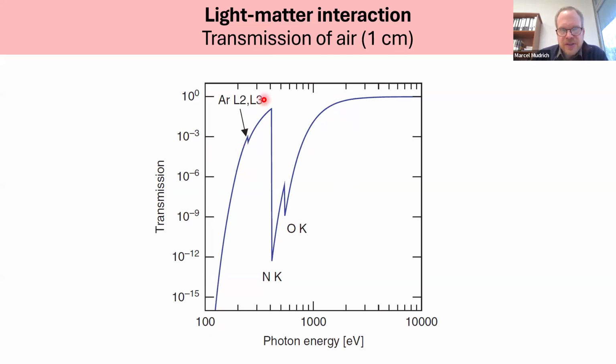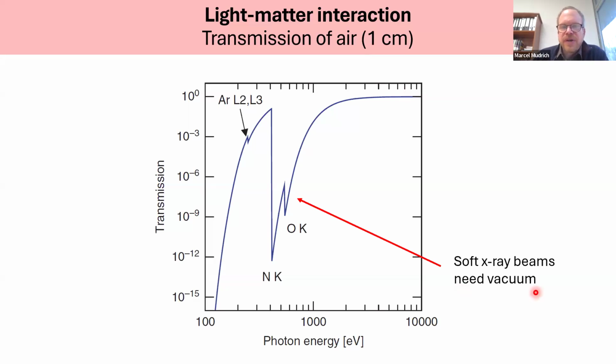And there's again these steps in the transmission spectrum, which are due to the L edges. So this is absorption of n equals 2 electrons in argon. I mean, argon has less than 1% concentration in air, so this is a small signal, but mostly nitrogen absorbs at the K edge at around 400 eV and oxygen here around 550 eV, which means that soft X-rays definitely have to travel in vacuum.